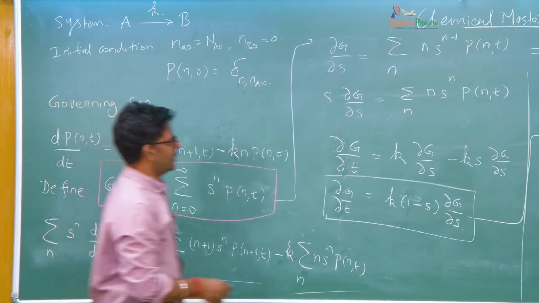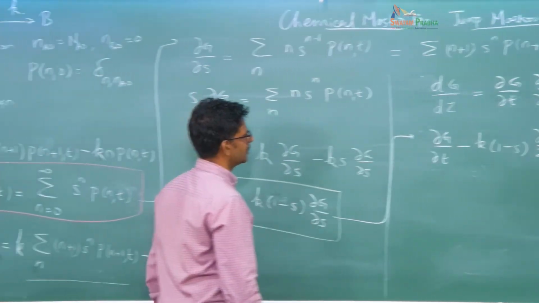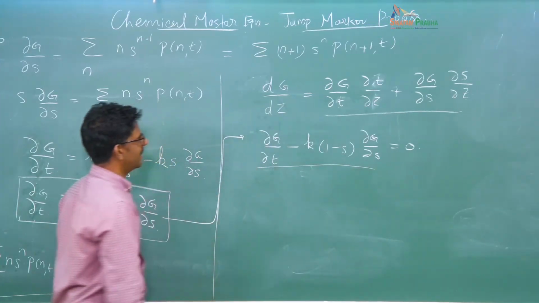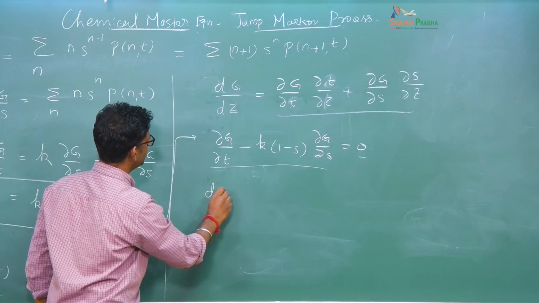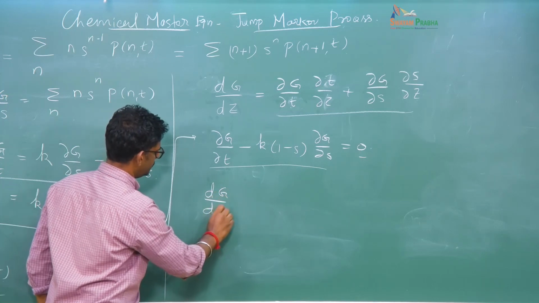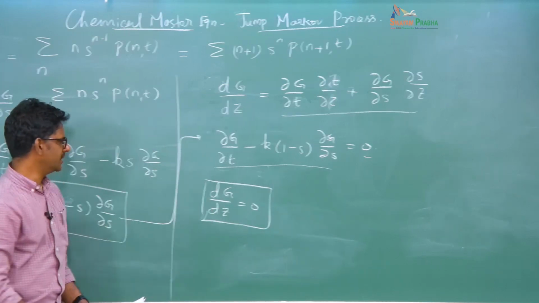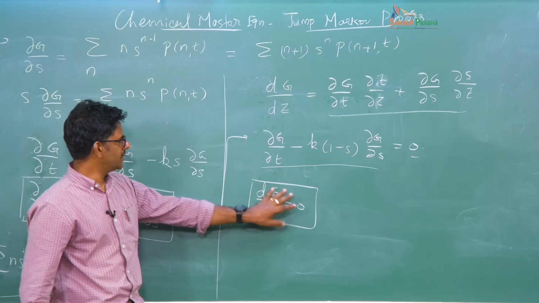Okay, so now if you look at these two, you see that this term and this term have the same characteristic, so basically we see that dg by dz equals 0. This is what I was mentioning, that any change along z is 0, so this is one relationship.